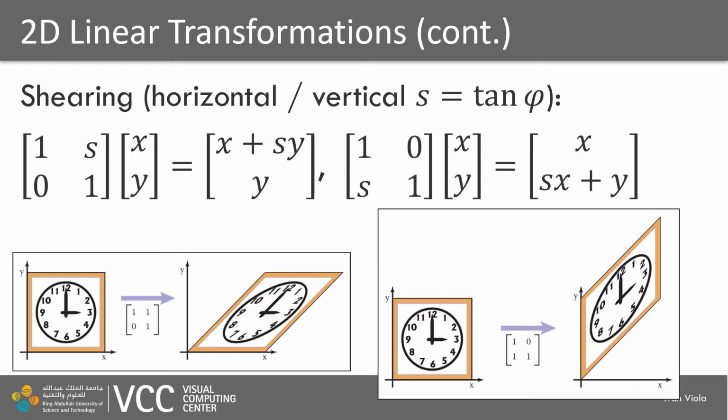Another linear transformation is shearing. Shearing means that we are just changing the representation. If we take again the example of the rectangle, we will be simply creating a parallelogram out of this rectangle, and the shearing term is located here.